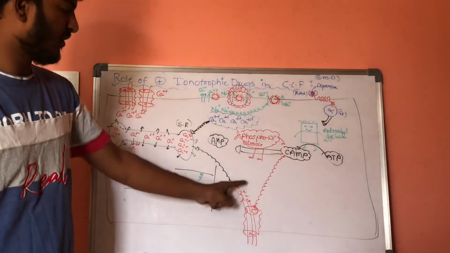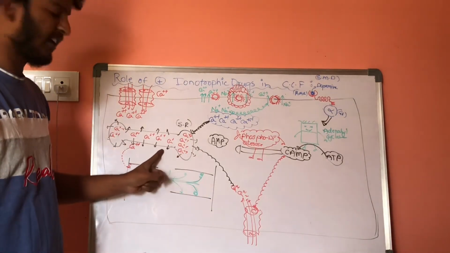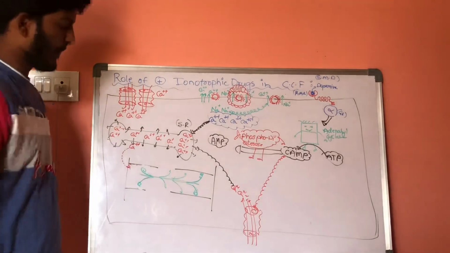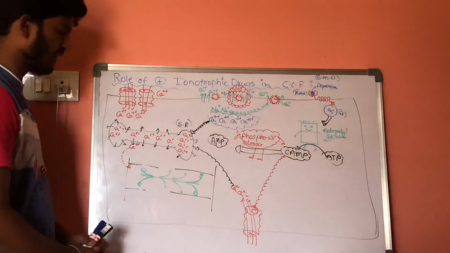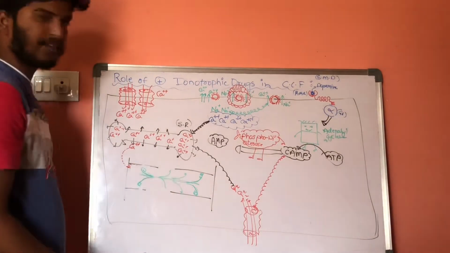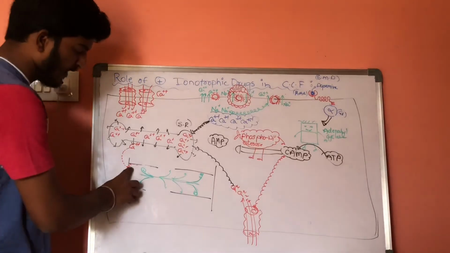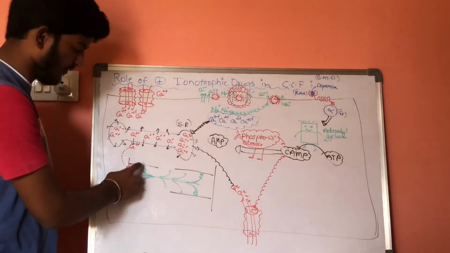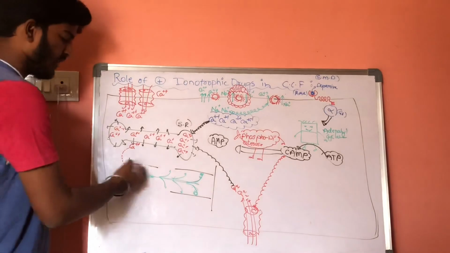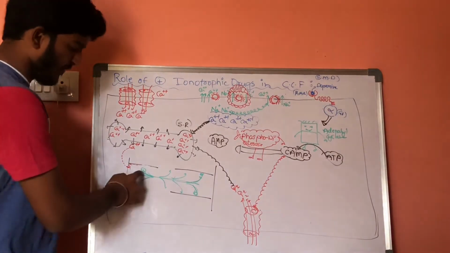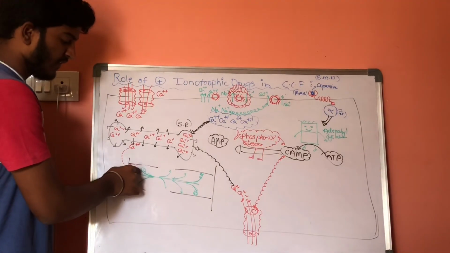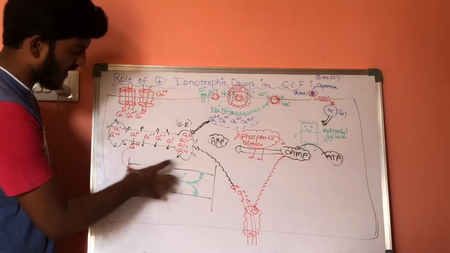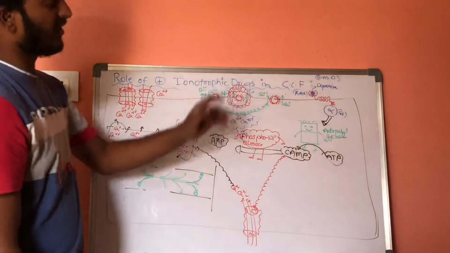As the excess calcium is present inside the cell, it will trigger the sarcoplasmic reticulum. It will release calcium, which attaches to troponin and tropomyosin and moves them away from the active site, and there will be attachment of heavy chain with light chain, and there will be contraction. It will increase the contractility.